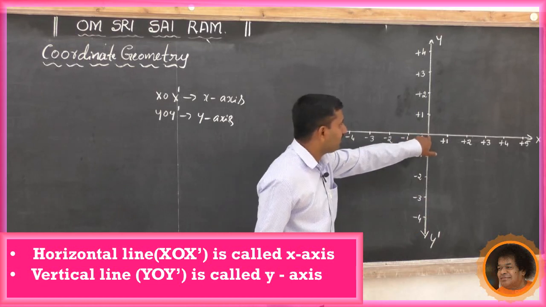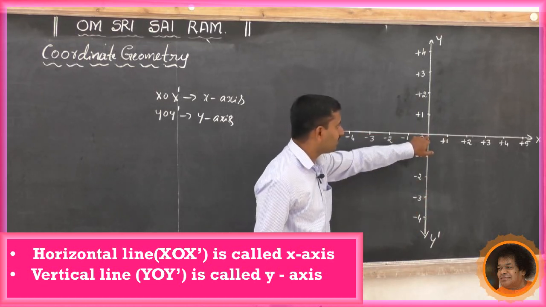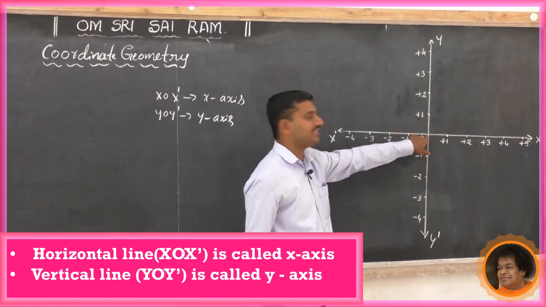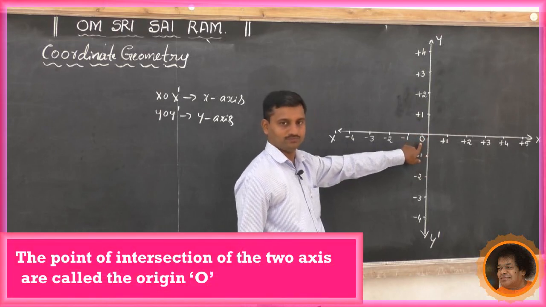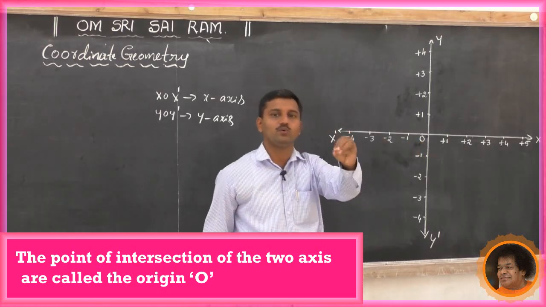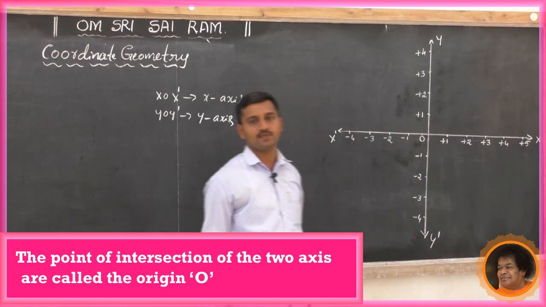The point of intersection between the x axis and the y axis, or between the horizontal line and the vertical line, is known as the origin. Origin is denoted as O. What do you mean by O? O is the origin, the point of intersection between the x axis and the y axis.